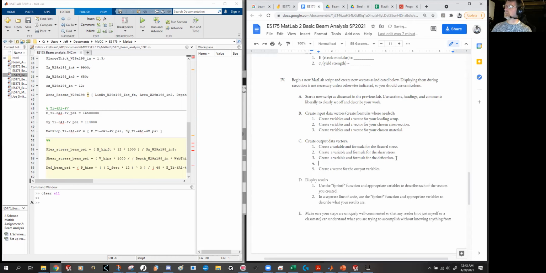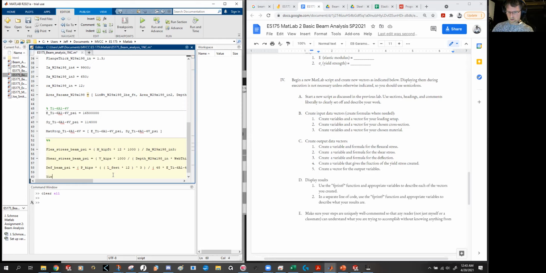So I'm going to create a variable that gives the fraction of the yield stress. We've got a yield stress that we don't want to go over. We definitely don't want to come close to it. So what fraction of it did we get to? Let's go look at that.